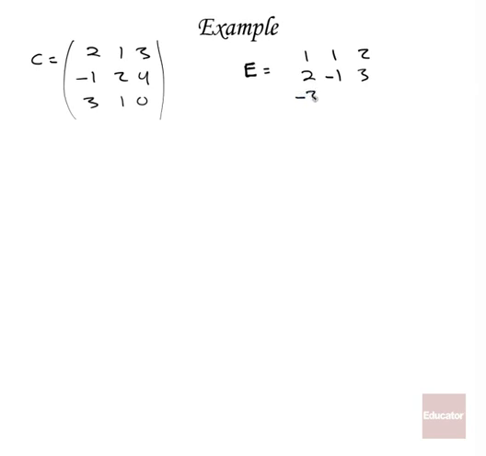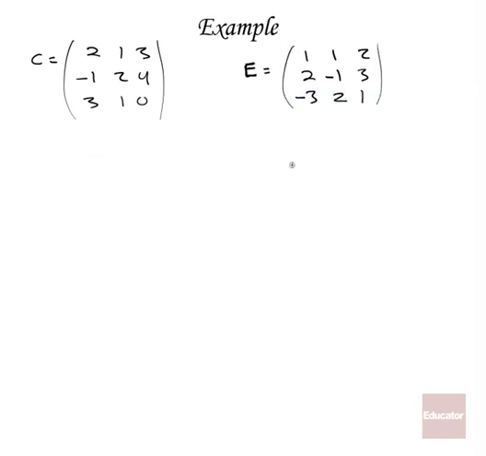Okay, let's see. Let's define 2, 1, 3, minus 1, 2, 4, 3, 1, 0. That's our matrix C. And E: 1, 1, 2, 2, negative 1, 3, negative 3, 2, 1.